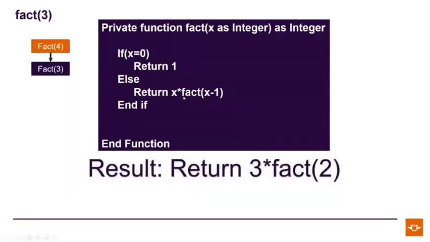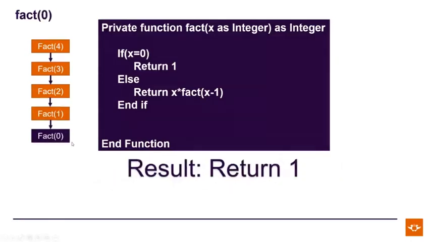So it's going to call x times factorial of 3. Then it's going to call 2 times factorial 1. Then it's going to call factorial 1, which is 1 times factorial of 0, which gives us 1.